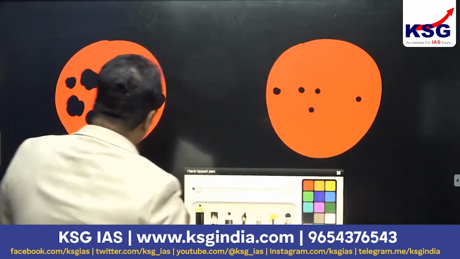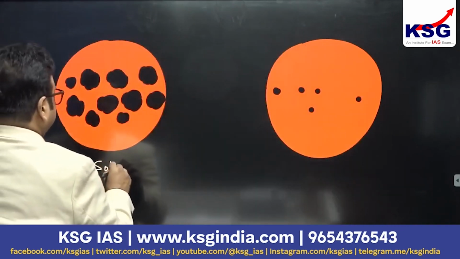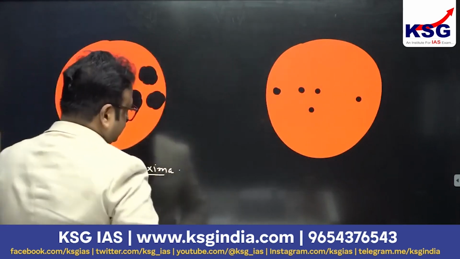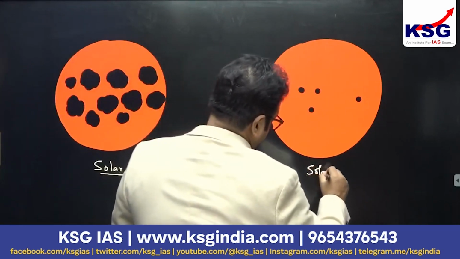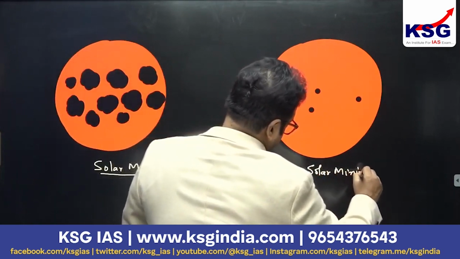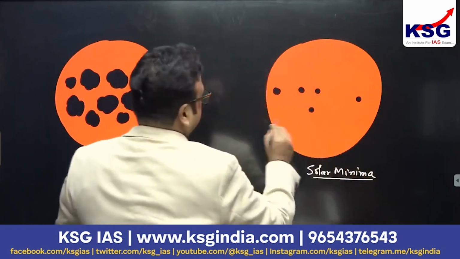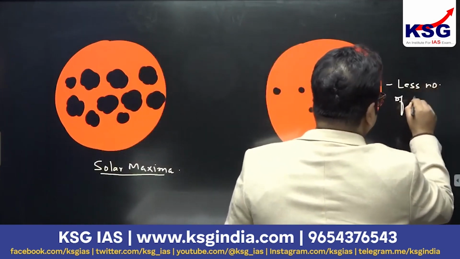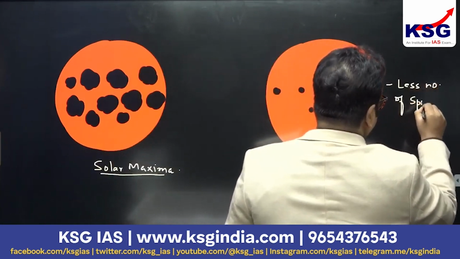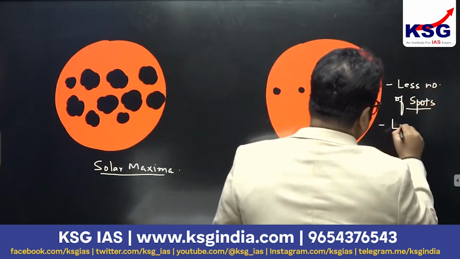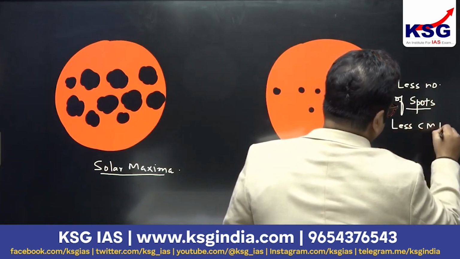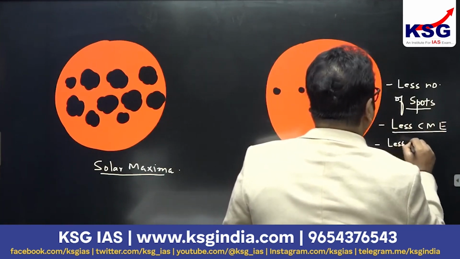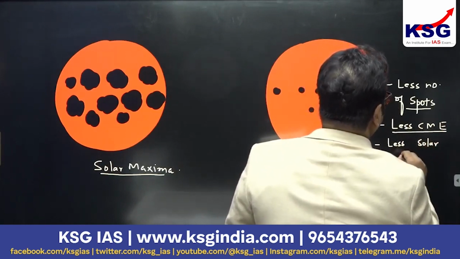So this represents solar maxima, and here this represents solar minima. In solar minima, you can see fewer sunspots, less coronal mass ejection, and fewer solar storms.